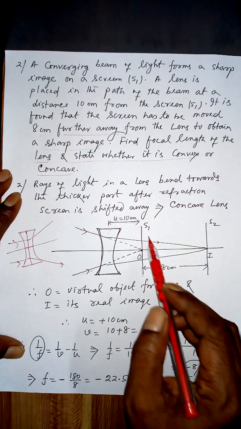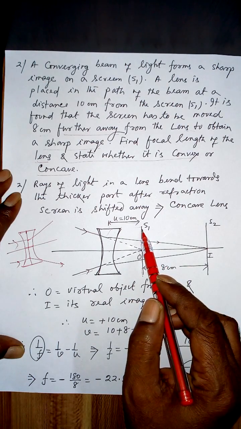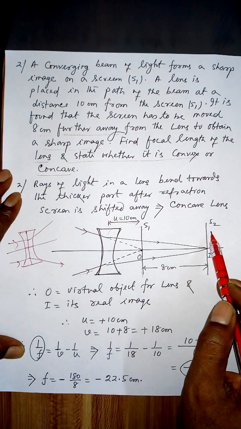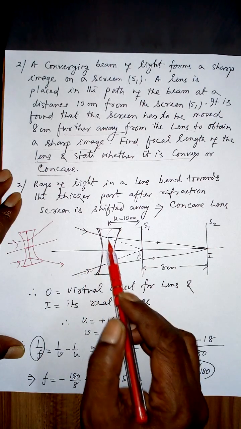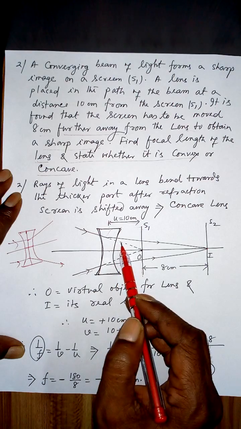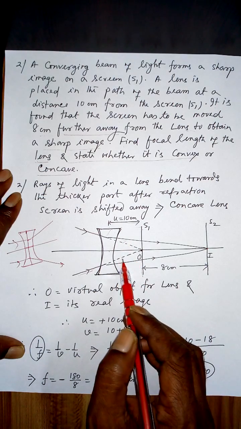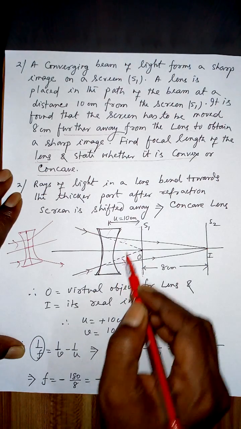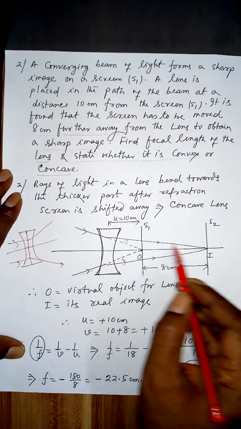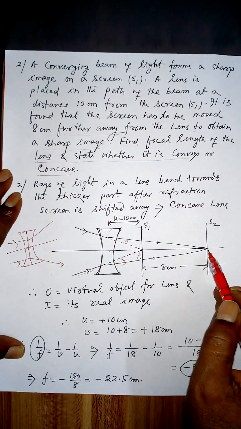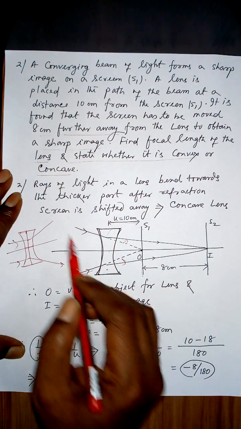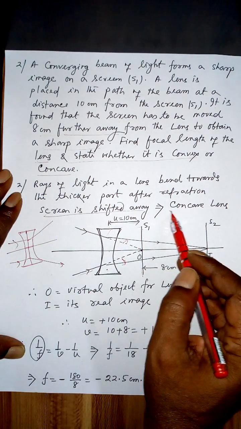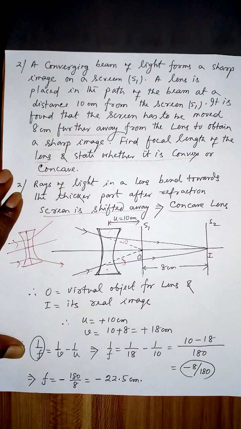So since it is given the screen has to be shifted further away, therefore these rays from this point and this point, if they bend to this side only, then the screen will be shifted away. So the conclusion is that the lens is a concave lens. Screen is shifted away, therefore it is a concave lens.